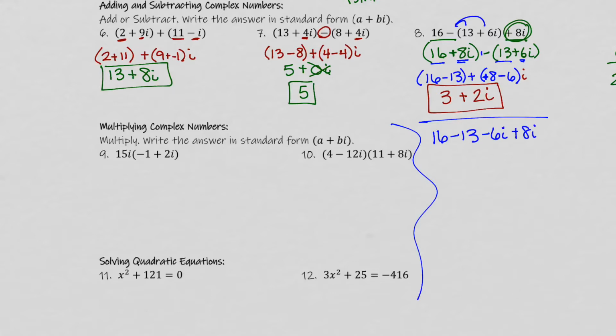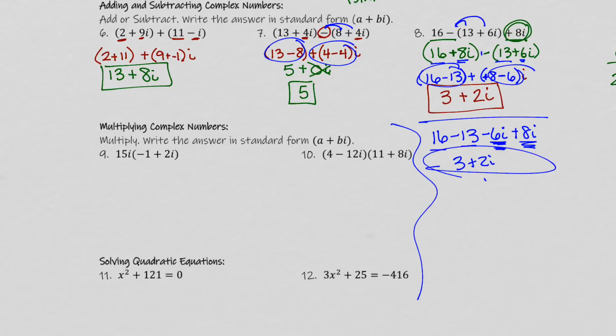If you look at any of these problems, with addition, you can just ignore parentheses. With subtraction in number 7, you distribute that negative, but then you would have no parentheses. It's just kind of combining like terms. If you think of i as a variable, okay, so that'd be 3, and then I have a negative 6i and a positive 8i would be a plus 2i. So you can do these either way by grouping like we did in all of these problems, or think of it as combining like terms.